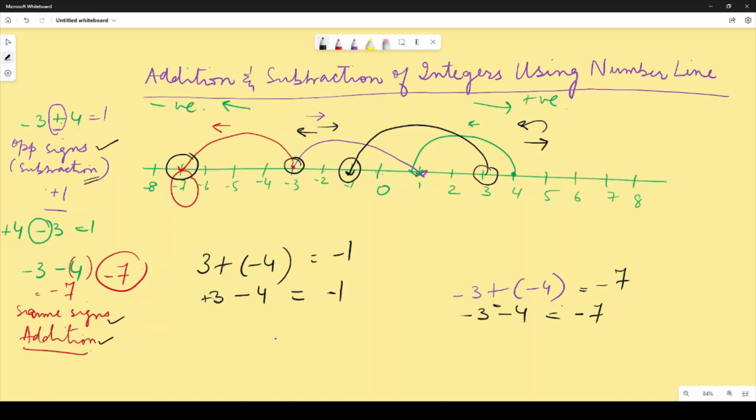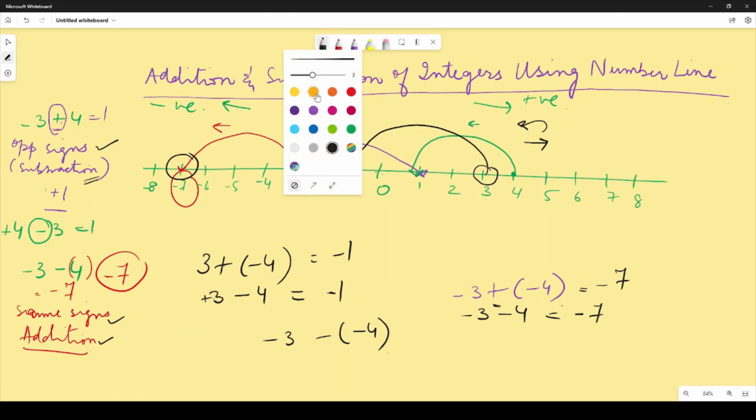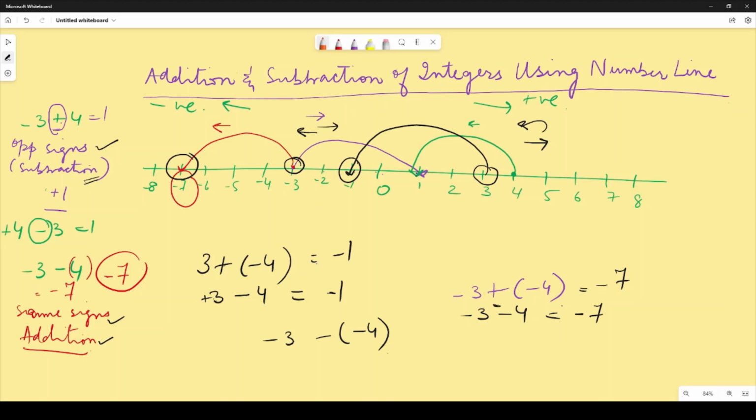Now let us check out -3 minus -4, right? So let us again start with -3, and let me use another color over here so that it becomes easier for me. So we'll start at minus 3 over here.